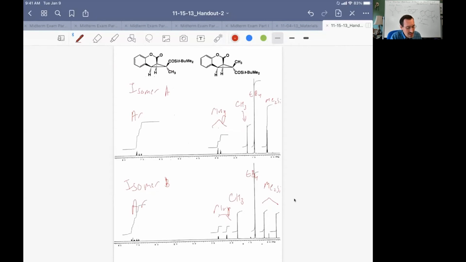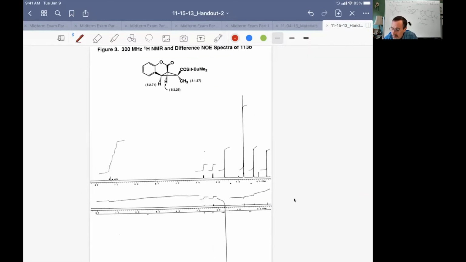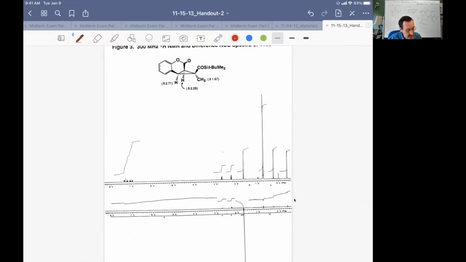Okay, so the question is, which of these is which? This is a great situation because we have both diastereomers in hand, so we can do a great comparison. So, first experiment, and I guess this is technically the isomer B spectrum.